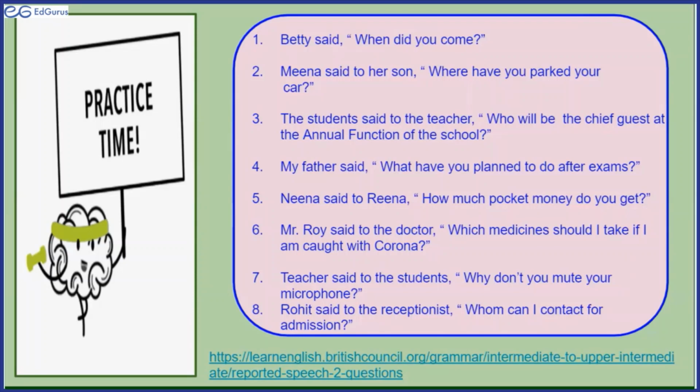Mr. Roy said to the doctor, which medicines should I take if I am caught with corona? Mr. Roy asked the doctor which medicine he should take.